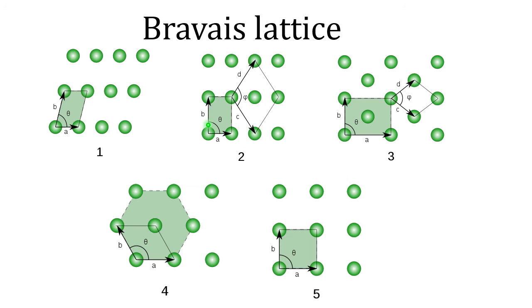Now, you may have this angle being 90 degrees. Next, you may have arrangement where there is one atom in the center, so it's more symmetric. Next, you may have hexagonal arrangement and you may have tetragonal arrangement. This is in two-dimensional space.